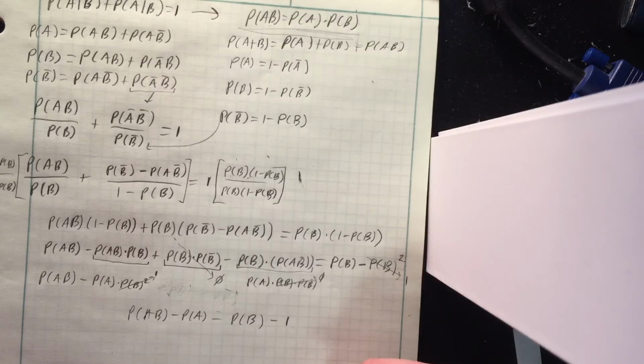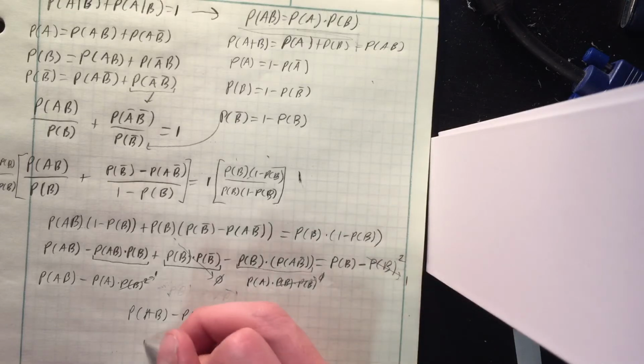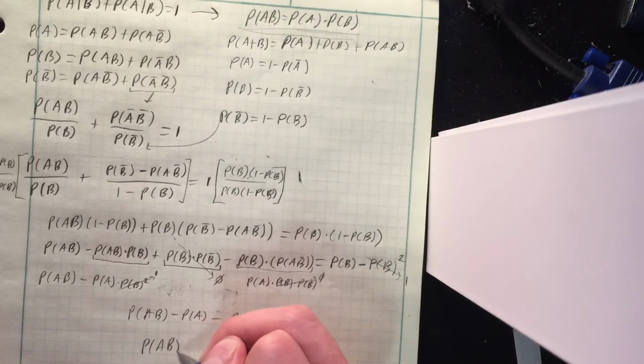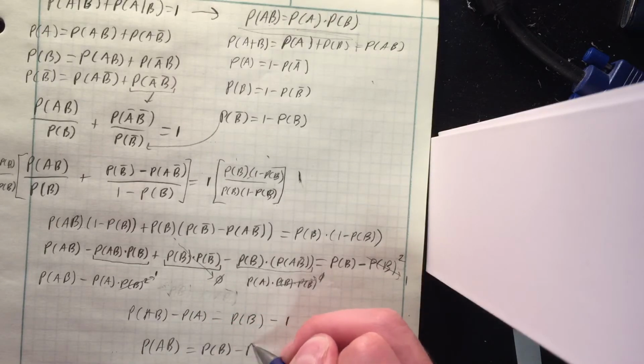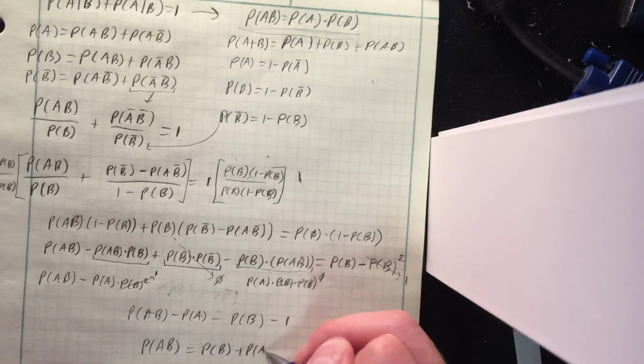let's see here. Now we want to get probability of A and B. Maybe probability of AB is equal to probability of B minus the probability of A, well, plus the probability of A minus 1 is now close, but no cigar, as the old saying goes.